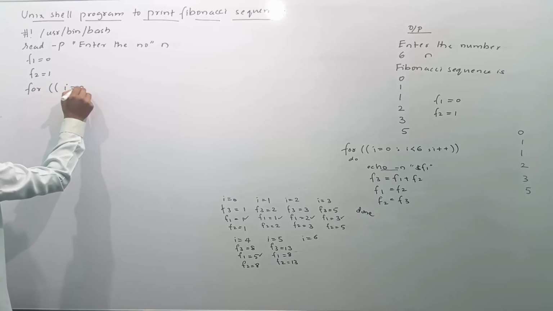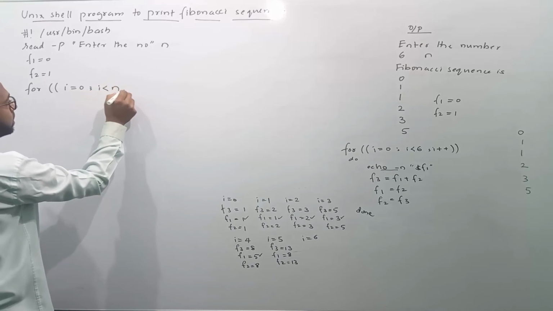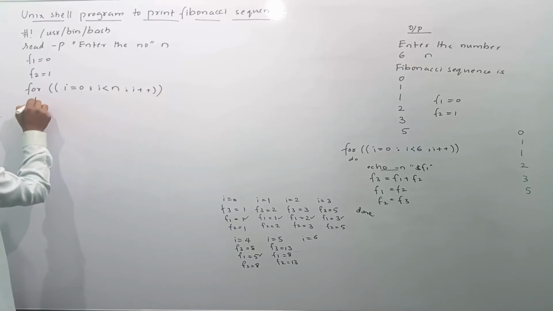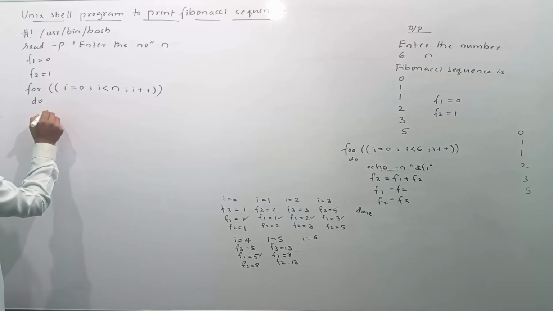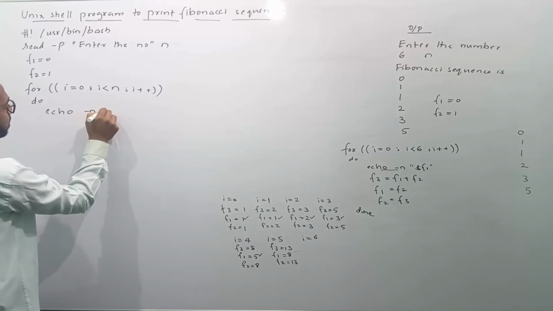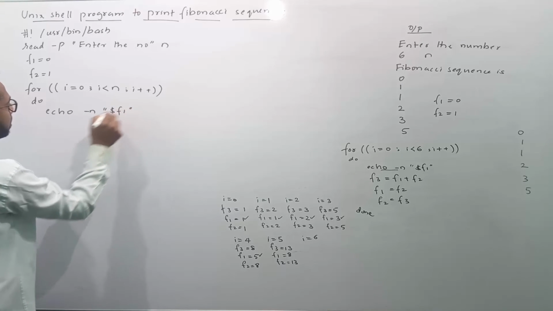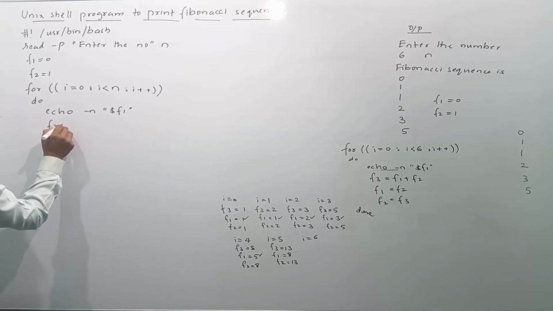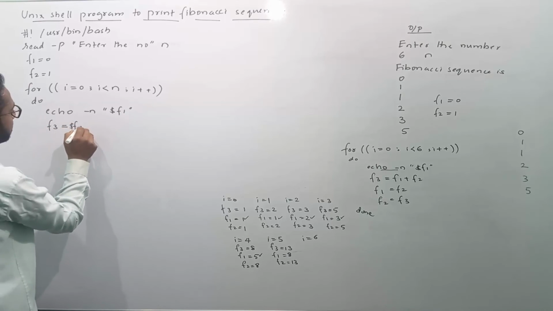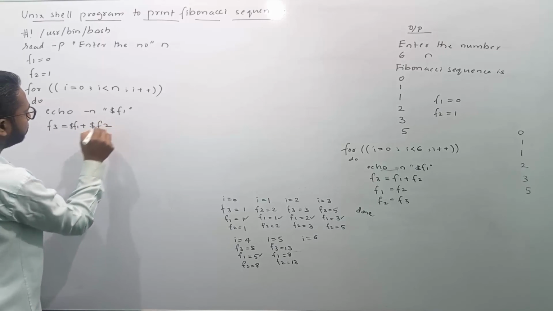Next I will start the for loop, double brackets, I equals 0; I less than n, which is 6; I plus plus; do. Next I will print: echo -n "$F1", then F3 is equal to $F1 plus $F2.